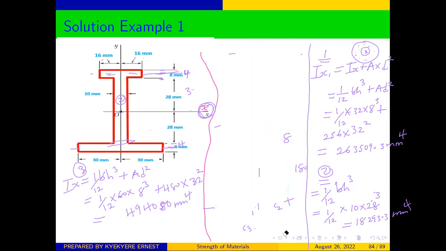Once you are able to do that, we find that the total moment of inertia for the entire structure will be equal to Ix1 plus Ix2, moment of area of the second section, plus the moment of area of the third section, which you have calculated.